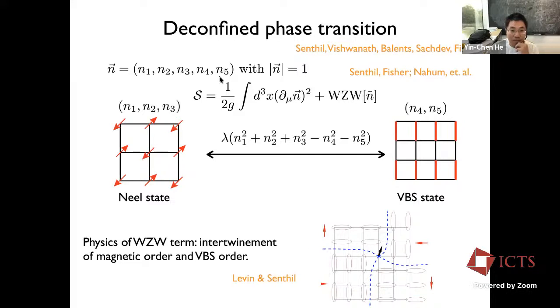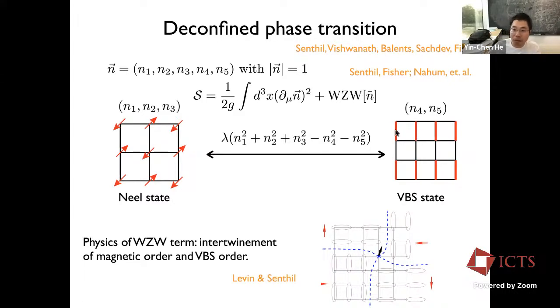Okay, so this is the so-called deconfined phase transition. Remember that we have the 5-component unit vector for this nonlinear sigma model. Similar to the 1+1 dimensional example, the first 3 components are the spin ordering, and the last 2 components are the valence bond ordering. Different from 1+1D, the reason we have 2 components as opposed to 1 is that in 2+1D, say on this square lattice, I can have 2 different types of ordering, along the x direction or the y direction.